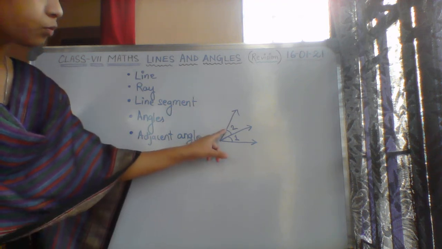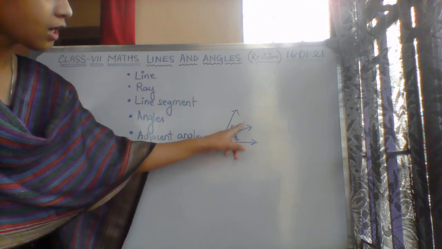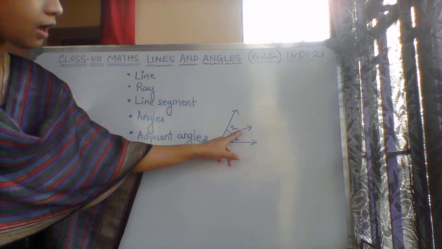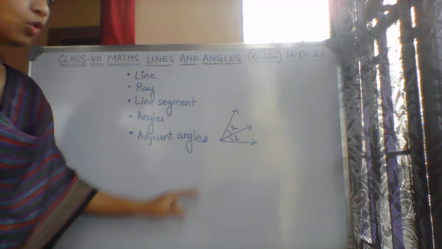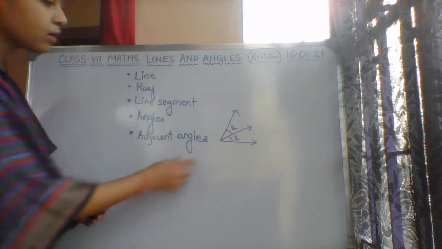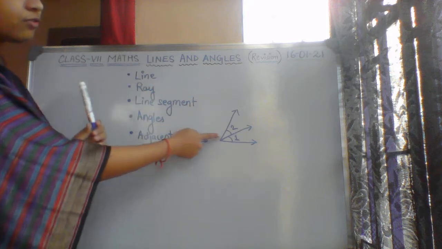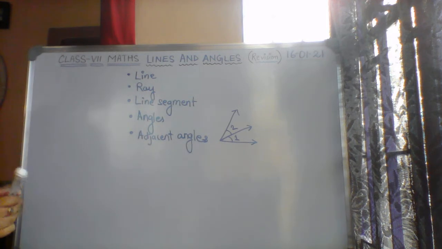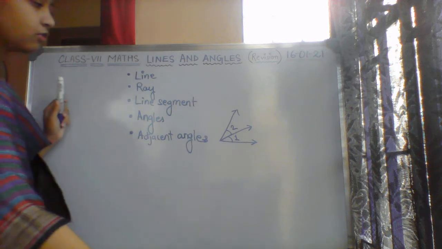Because both the angles have a common arm and the uncommon arms are on either side of that common arm. Then those two angles we call adjacent angles. There will be one common arm and the uncommon arms should be on either side of the common arm. So 1 and 2 are the adjacent angles over here.